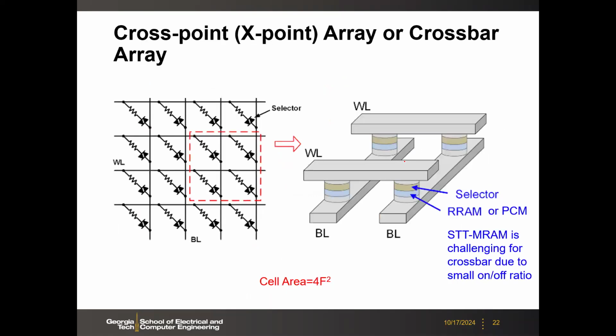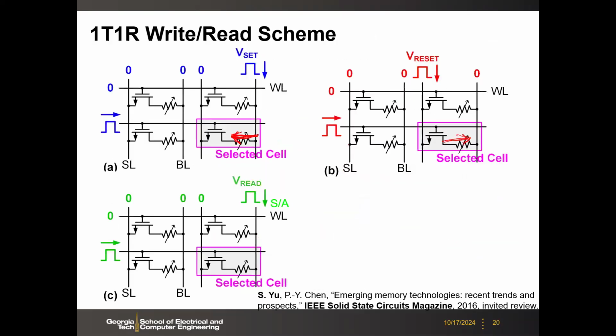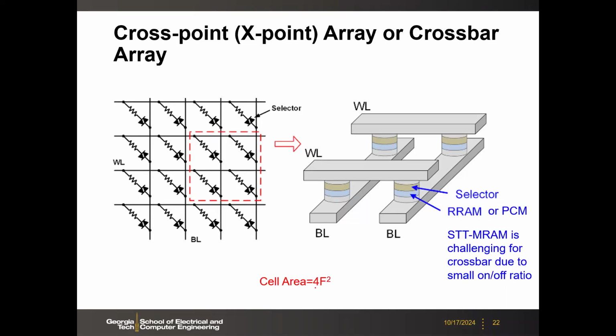Next is the cross-point array. We will probably be unable to finish that, but just some introduction. So why do we need this transistor here? If we can get rid of the transistor, that would be even more compact, right? That will enable the 4F square cell density.